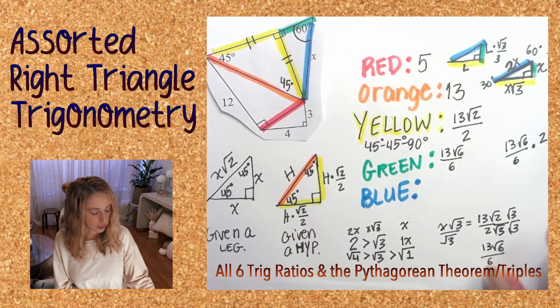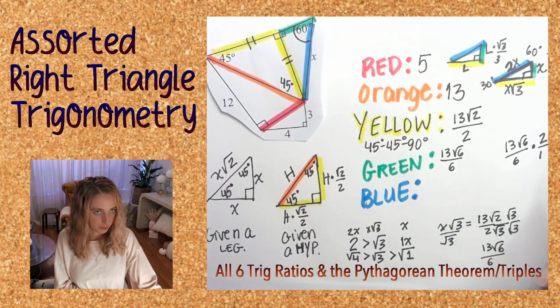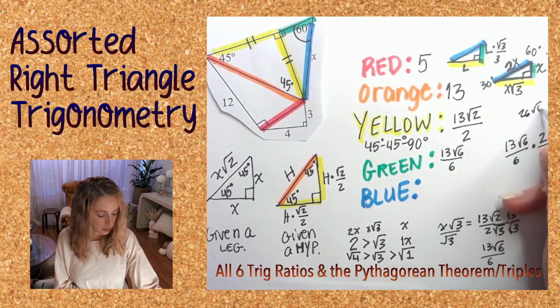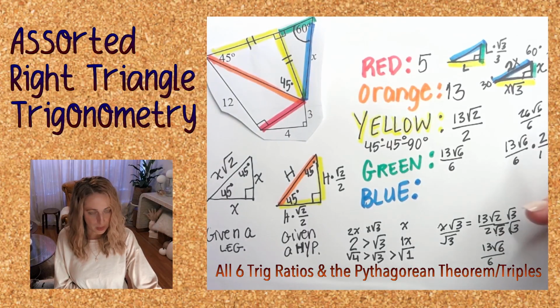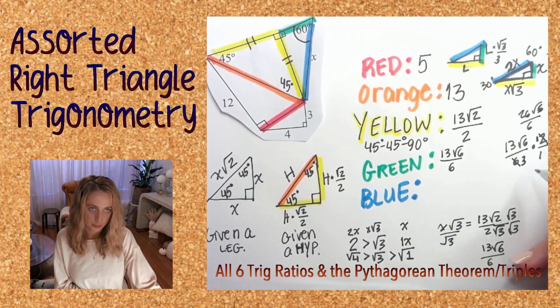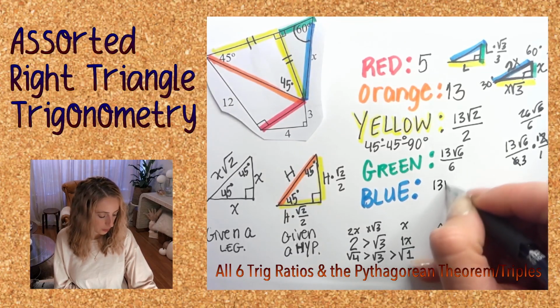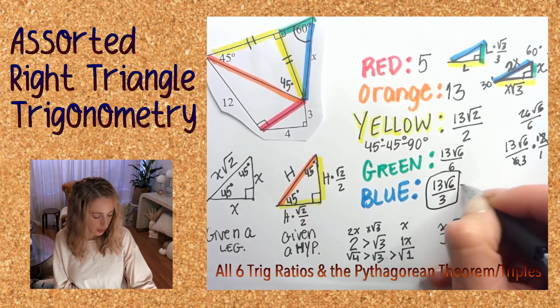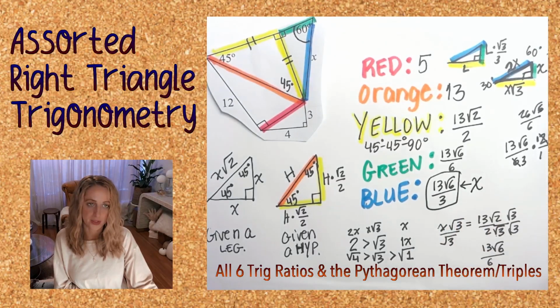Don't say yes. The answer is no, because it's 2 over 1. So could you write it as 26 root 6 over 6? You could, but I would say that's a little silly because you could reduce the 2 and the 6 to a 1 and a 3, and then 13 root 6 over 3. And that is the value we were asked to find for the problem, x.